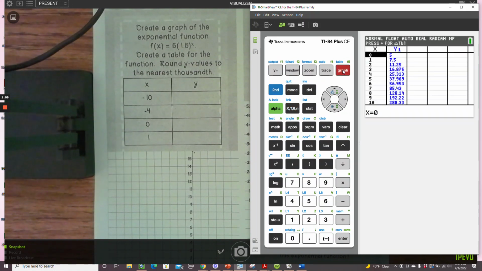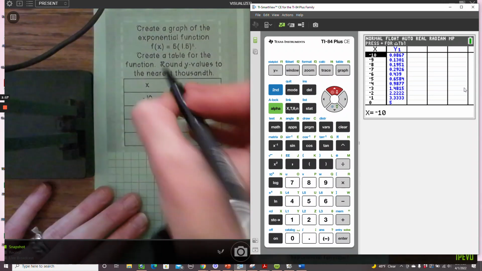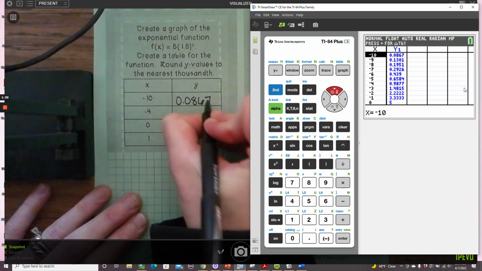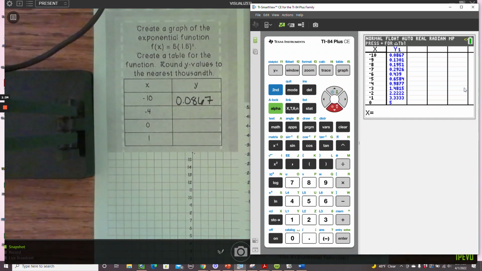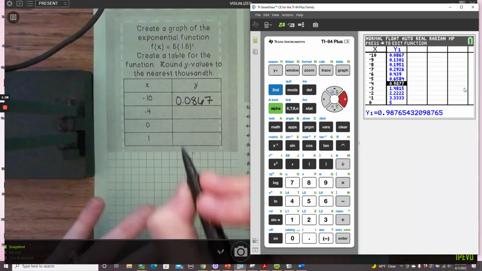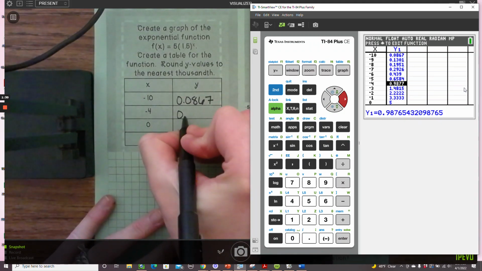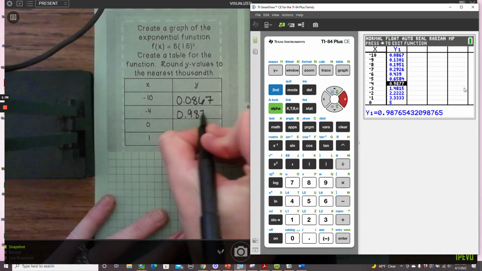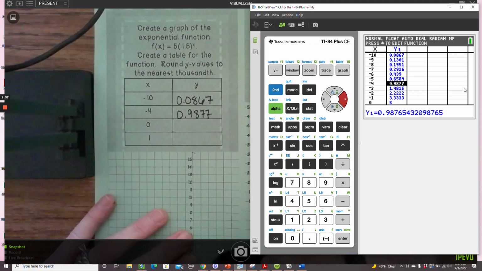Our first x that's listed in the table in our notes is -10. So in the table function on your graphing calculator, that's where you're going to go. So we've got 0.0867, and then we're going to go to -4. -4 is 0.9877, and sorry, I'm not rounding to the nearest thousandths.